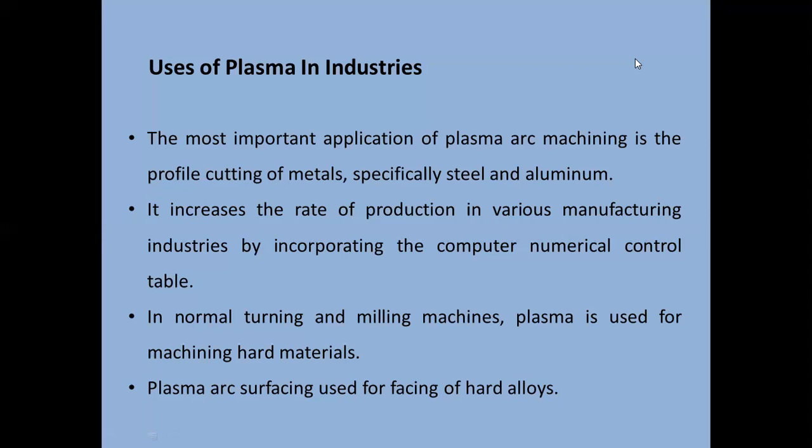In normal turning and milling machines, plasma is used for machining hard materials. See, along with the conventional, if we use plasma to cut hard materials, it is very easy and useful also. Plasma arc surfacing is used for facing the hard alloys. See, hard materials or hard alloys. What is this hard?